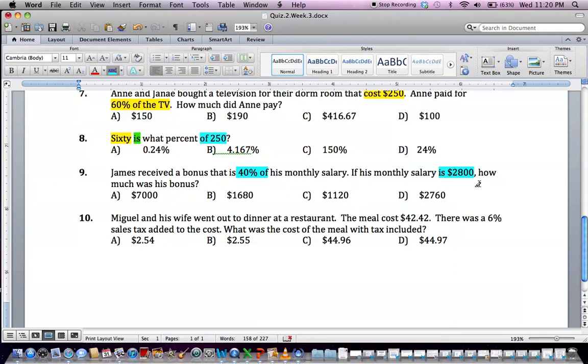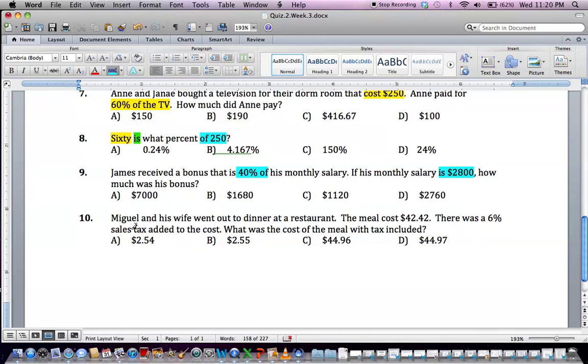Use that and cross multiply and divide. You can also set this up as an equation and just find 40% of $2,800. Whichever one you're comfortable with, like we told you in class, let's make sure we do that one.